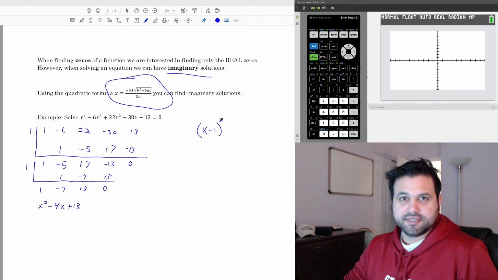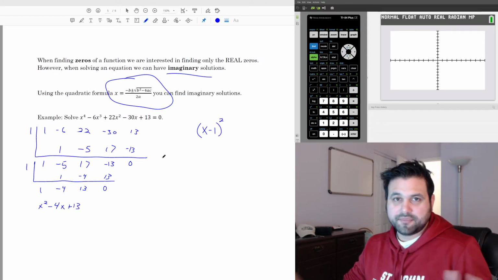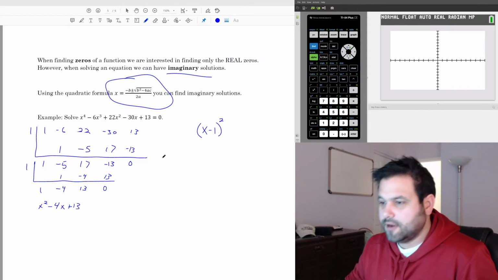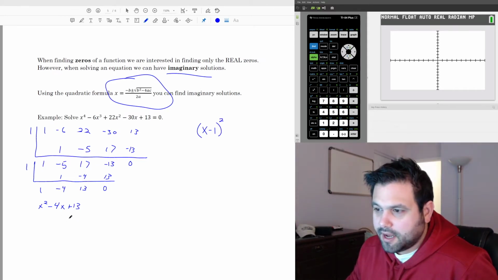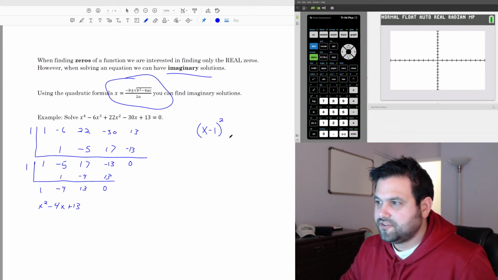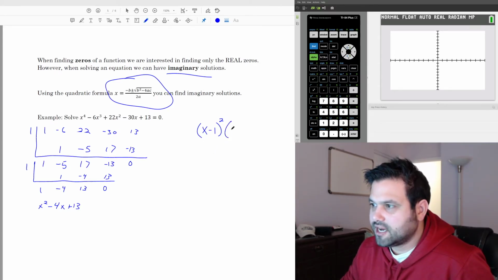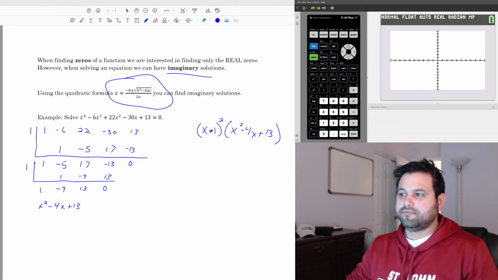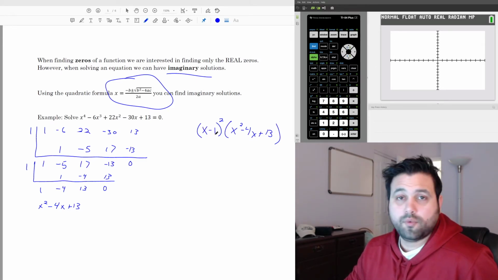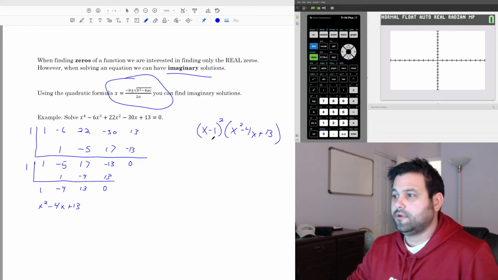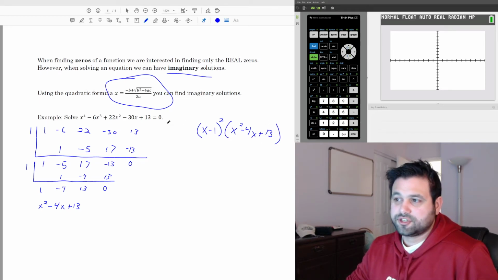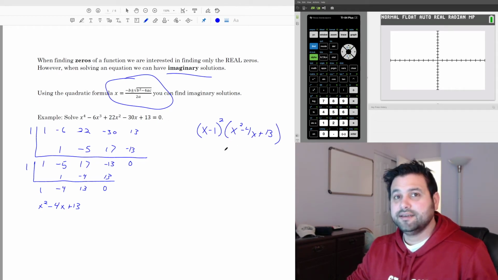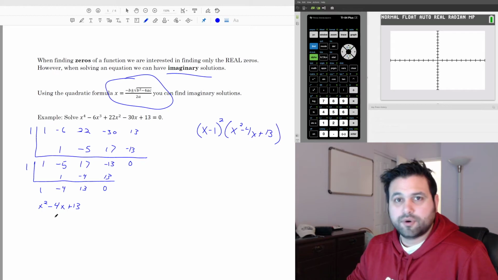Because of the multiplicity, because it happened twice. So x minus 1, right? Okay. And then to finish that thought, that would be then times x squared minus 4x plus 13, right? So here are the real x-intercepts. There's only 1. It's a touch and turn because it's multiple. But since we're solving this equation, we're going to go ahead and find the imaginary roots using the quadratic formula.